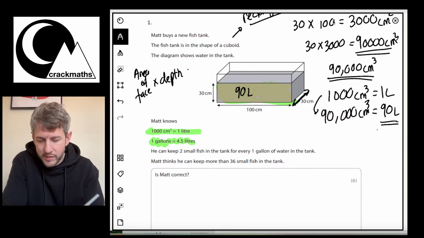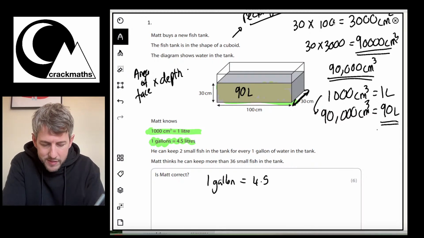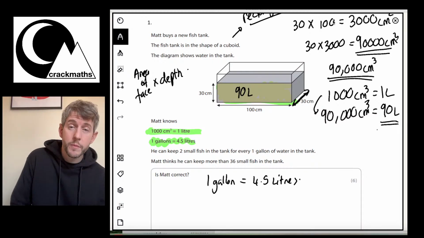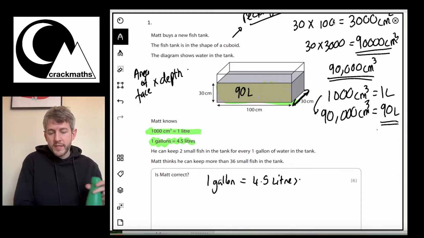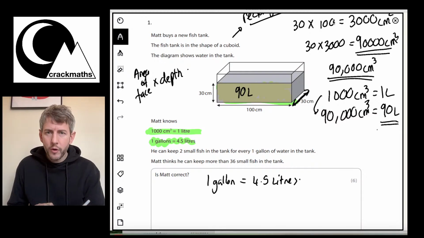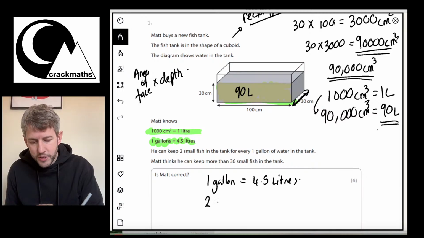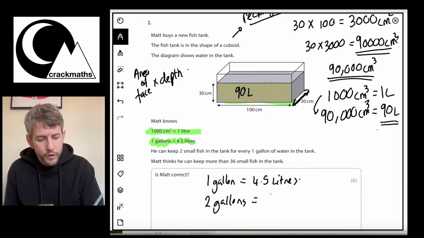If 1 gallon equals 4.5 litres, the trick to this question is spotting that 4.5 litres is half of 9 litres. So if 1 gallon is 4.5 litres, I know that 2 gallons will equal 9 litres.